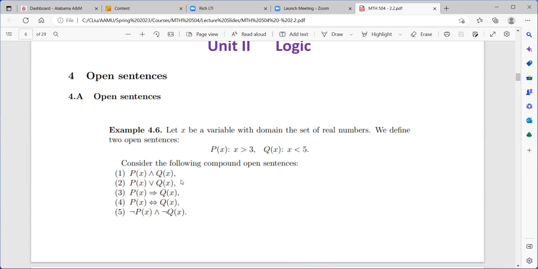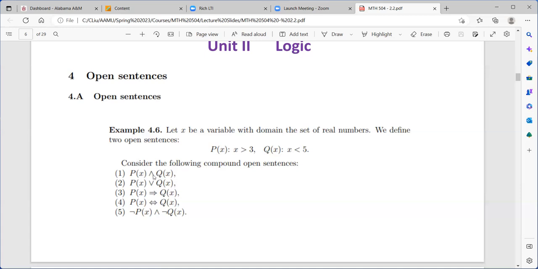So you take the conjunction of those two open sentences. That means you are taking the intersection of these two intervals. Both have to be true for the whole thing to be true. Okay. So obviously, x has to be greater than 3 and less than 5. So that's the first compound open sentence. When it's true, then x has to be between 3 and 5.